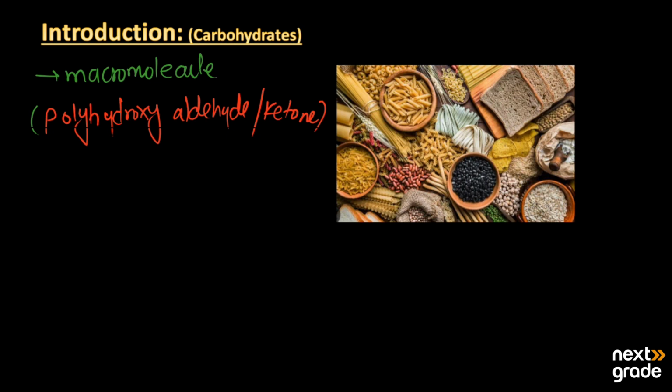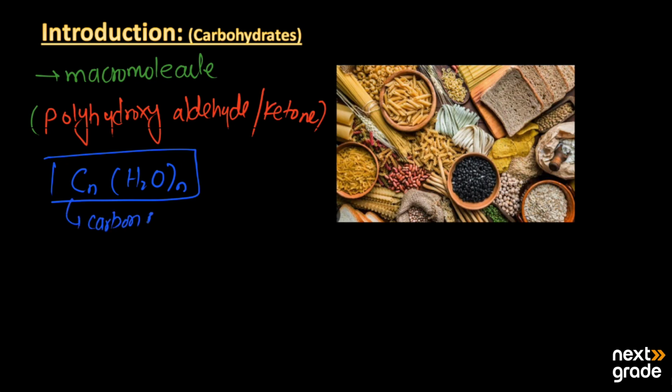On the other hand, the general formula for the carbohydrates is CnH2nOn. This is the general formula where n just denotes the number of carbon atoms that are present in the simple carbohydrate. Carbohydrates are simple compounds of carbon and hydrogen along with the presence of oxygen atoms.